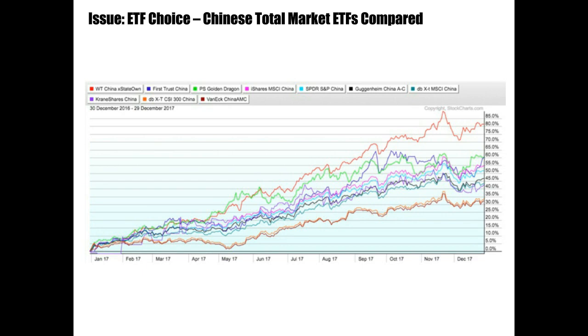And if you picked one of those two bottom lines, maybe the VanEck China AMC or the Deutsche Bank CSI 300, you would have been up about 30% of the year. The difference between 80 and 30% is a lot, and these are all plain vanilla Chinese equity ETFs. And to me, this is the biggest risk in ETFs, is how you evaluate and choose and make sure you're getting the exact exposure you want.